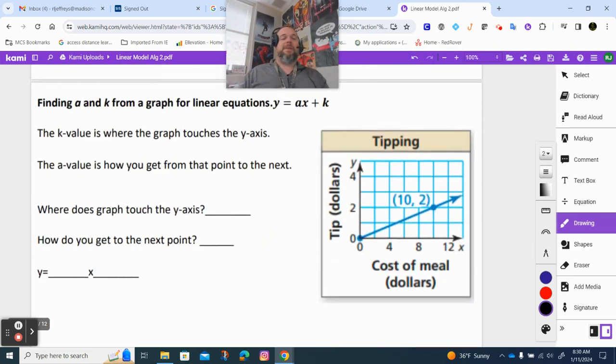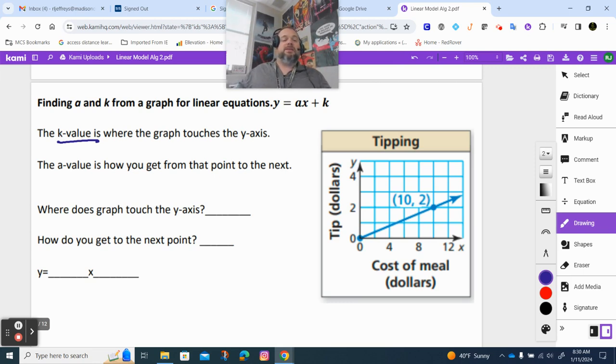All right. On the back, from the graph, the K value is where the graph touches the y-axis. Remember, our y-axis goes up and down. Our A value is how you get from that point to the next. Okay. One of these is a little bit easier than the other.